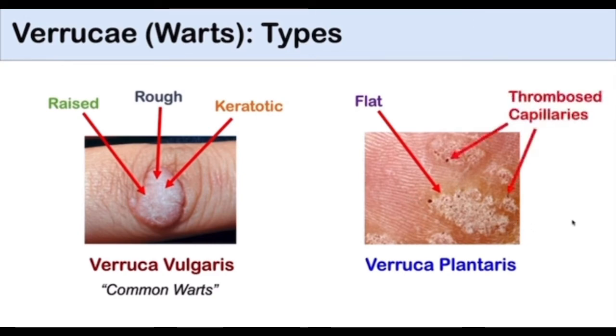What's key to their diagnosis is seeing these little, almost specks of blood here, and they're actually thrombosed capillaries. So again, they're known as plantar warts, and they also have hyperkeratosis as well. You can see this whitening of the skin inside the wart.